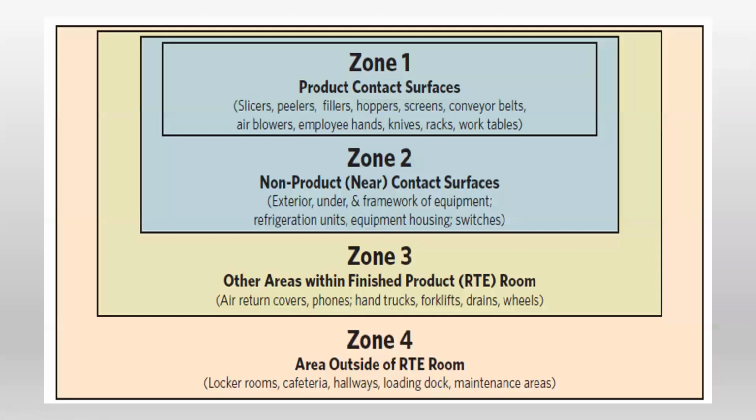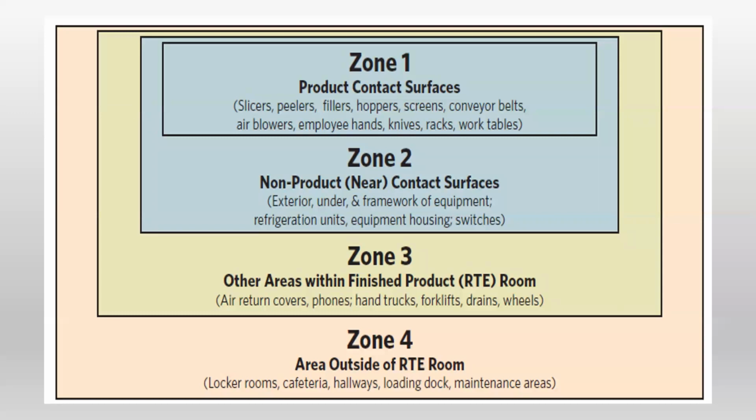Here is a diagram of classification of zones that serves as an example. Zone 1 typically is the product contact surface. That can include the slicers, peelers, fillers, hoppers, and screens that are in direct contact with the food, and also employees' hands, knives, racks, and work tables. Zone 2 is normally a non-product contact surface, but it's very close to zone 1.